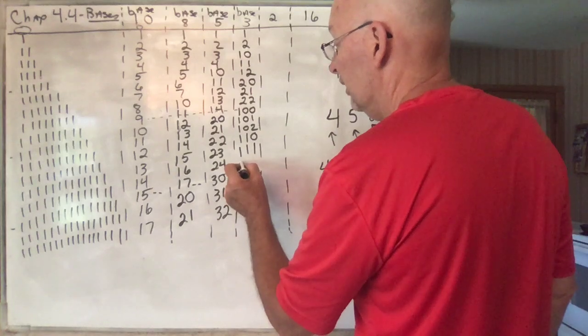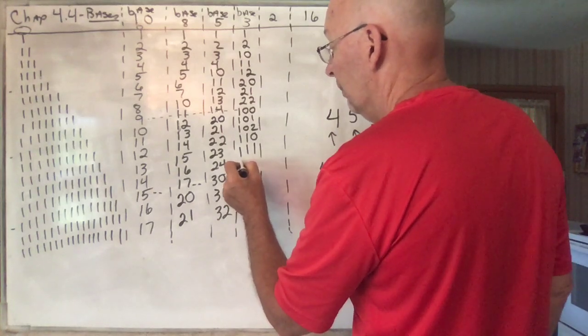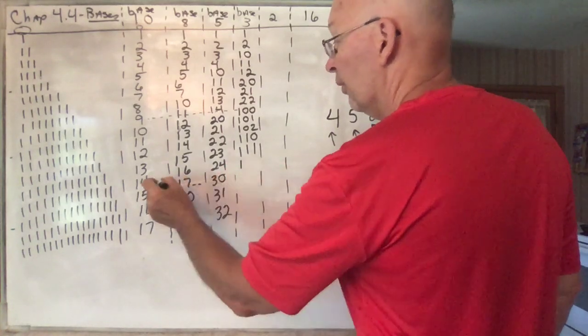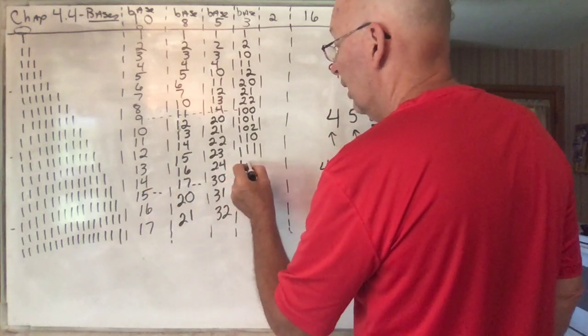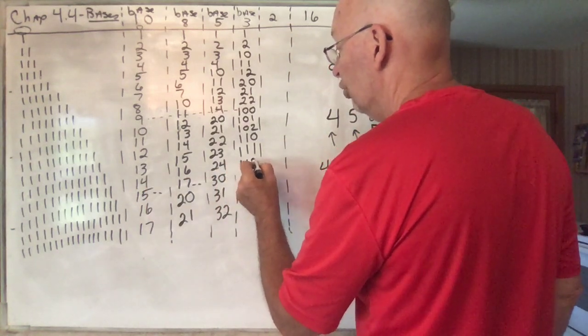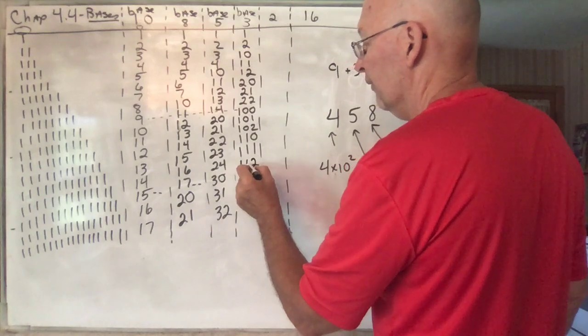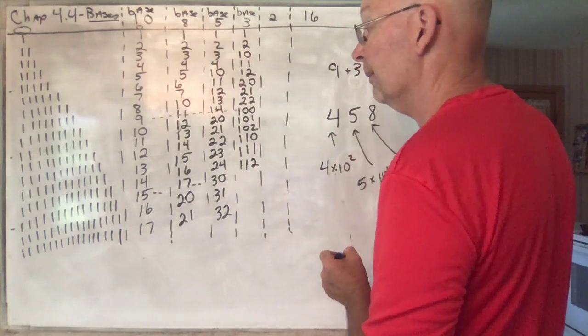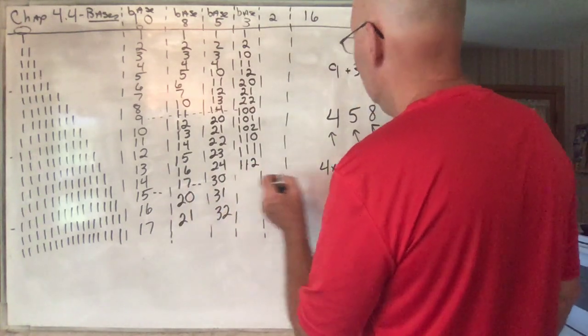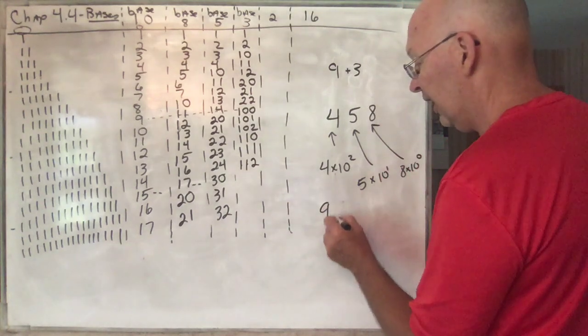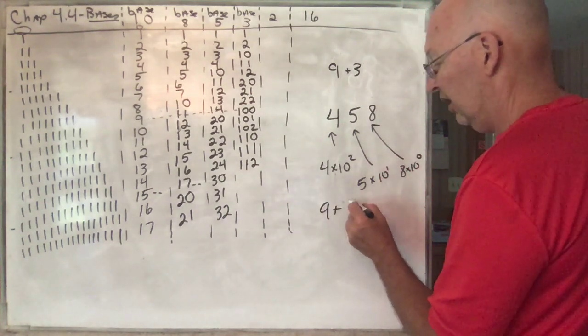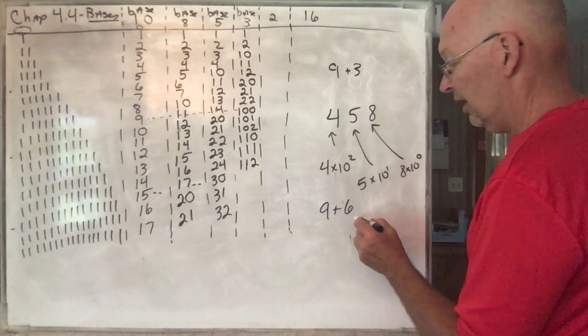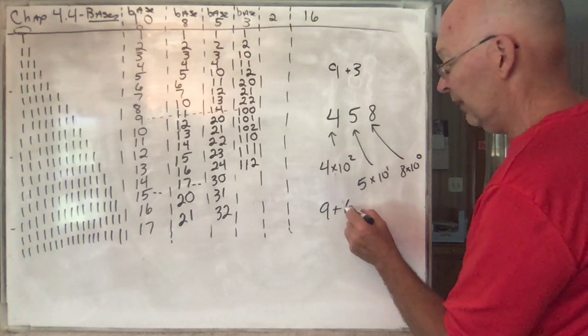14 is going to be 1, 1, 1, 2. So that's 9, 10, 11, 12, 13, 14. 15 is going to be what? 15 is a 9 plus 6. And 6 is 2 times 3, isn't it?